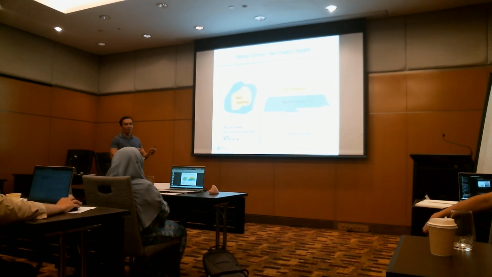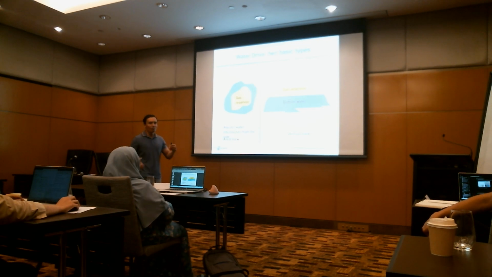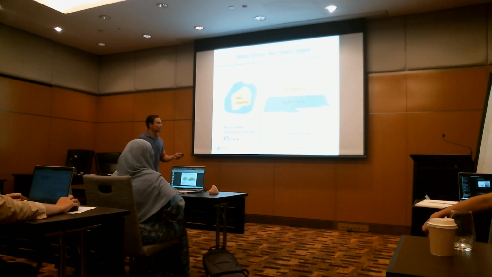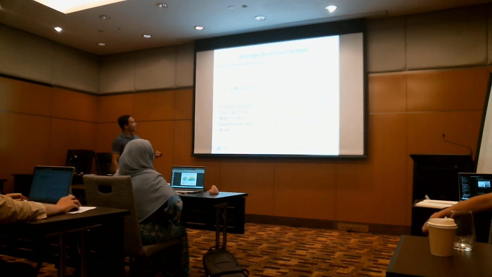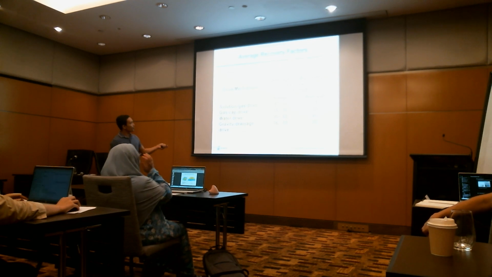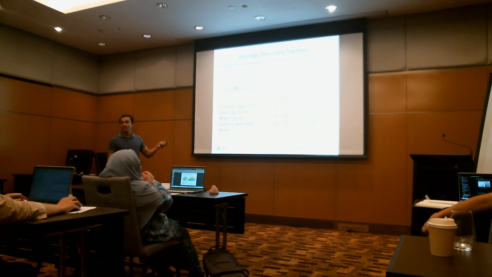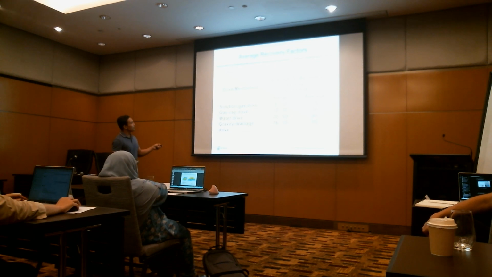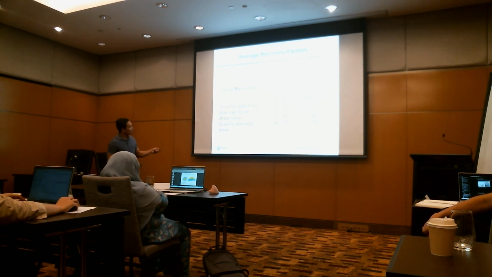Okay, now you have at least some idea why. This is just to give a summary of the average recovery factor for each drive. You see here, the highest is gravity drainage.